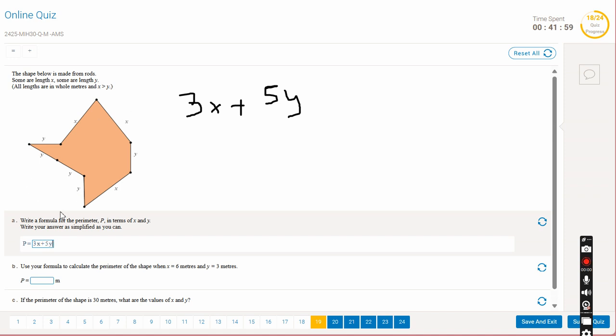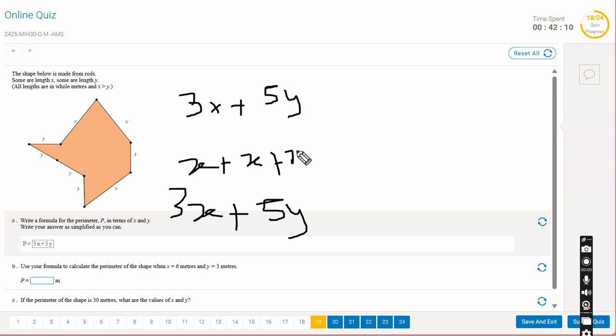The next one, use your formula and just put the values in. Remember, when I wrote 3x plus 5y, why did I do this? It's because I was adding x plus x plus x. When you keep adding the same letter or the same number again and again, you can just write the letter and the number of times it's being added, you multiply it.